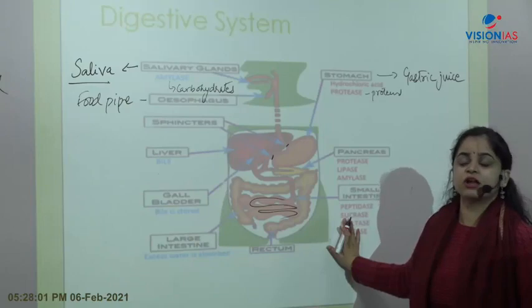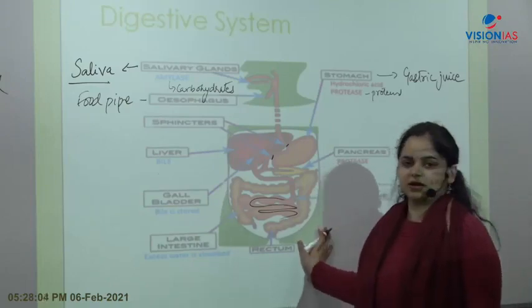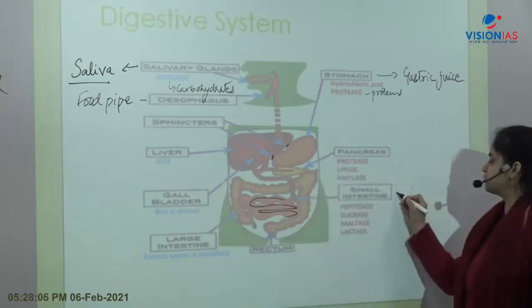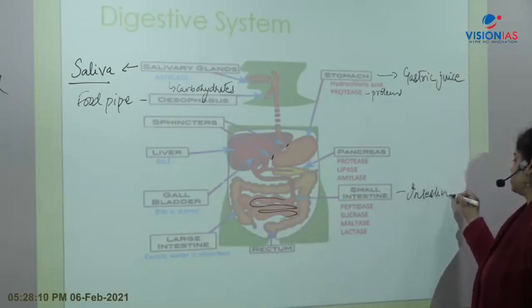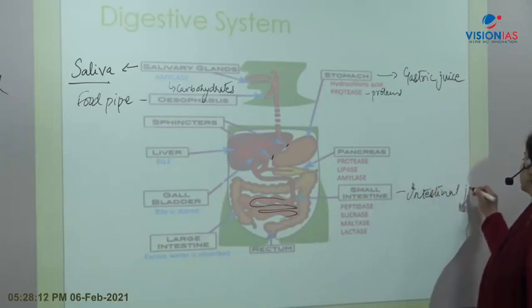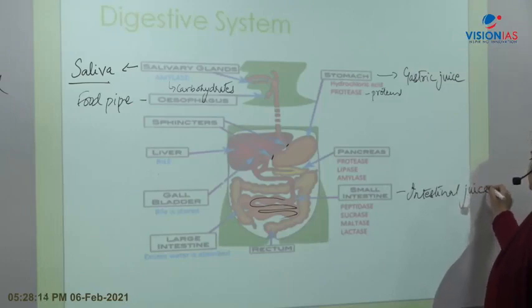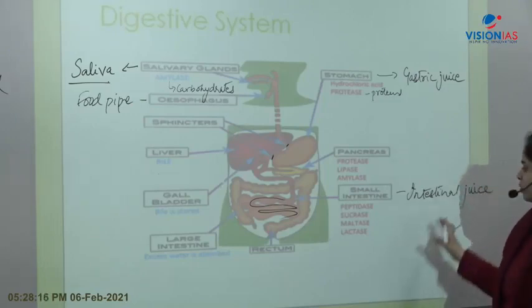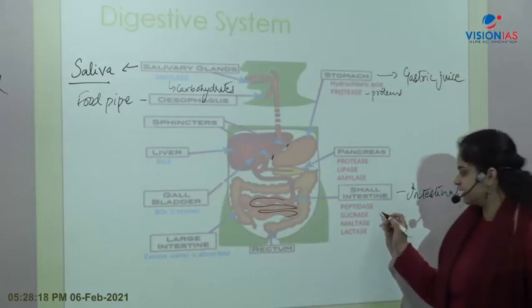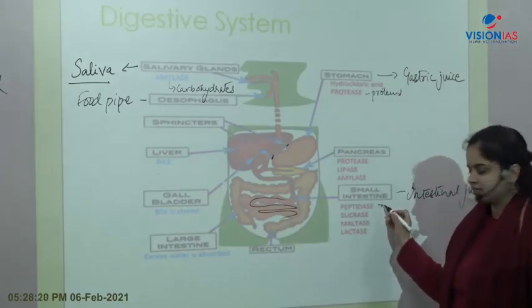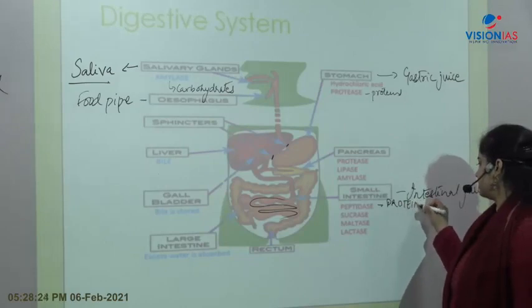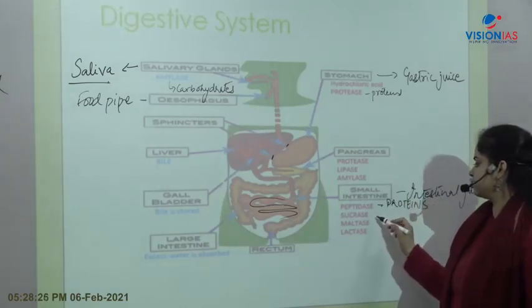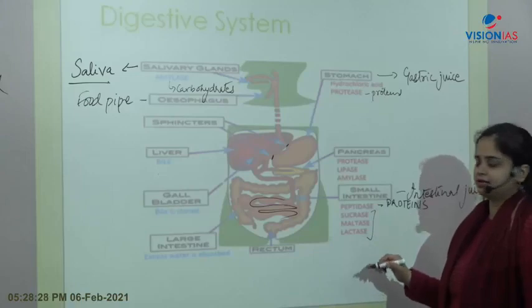So the small intestine has intestinal juice, on the same lines as we have been considering right before this. What does this intestinal juice contain? It contains peptidase. The name should tell you that peptidase acts on proteins. Then sucrase, maltase and lactase.